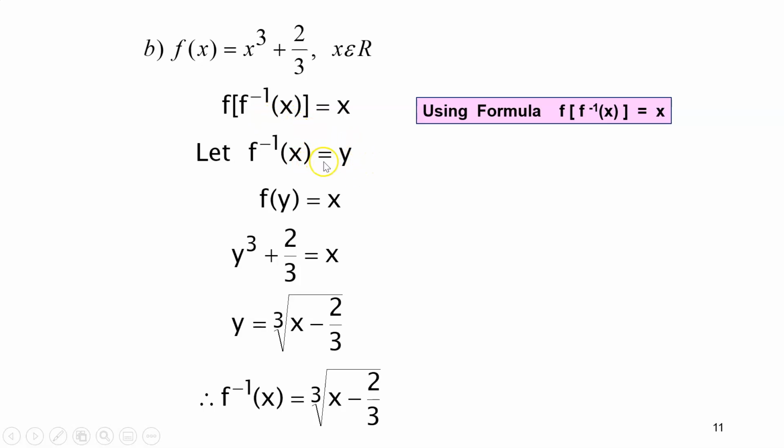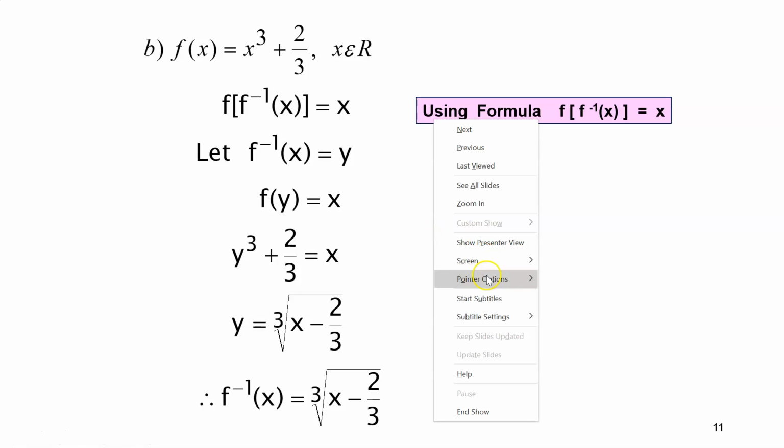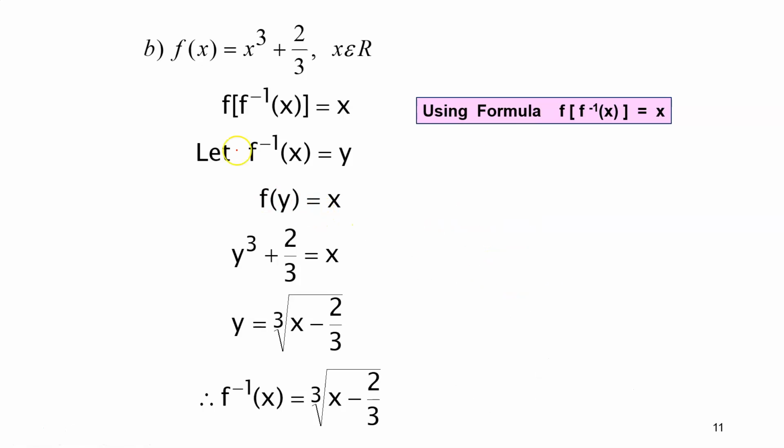Just let it be y. So now you will have f of y equals x. This f inverse is replaced with y, so you write f of y equals x.